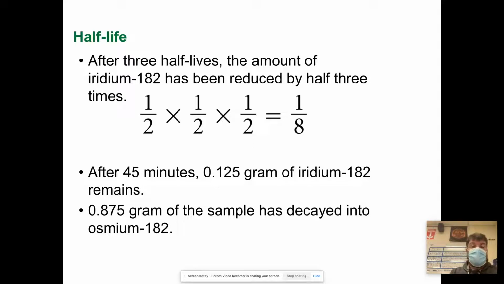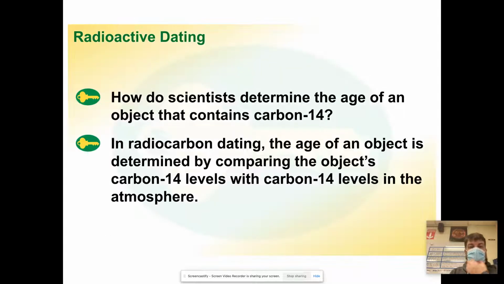that's what 0.125 is, will remain. Now, what does that say about the rest of the stuff? Well, the rest of the stuff is decayed and become another substance because it's emitted a beta particle. Anybody in here remember what a beta particle is? All right, we'll talk about that some more. How do scientists determine the age of an object that contains carbon-14?